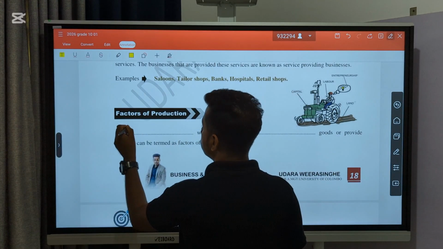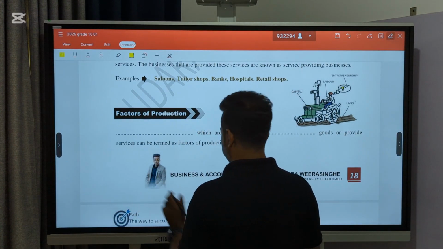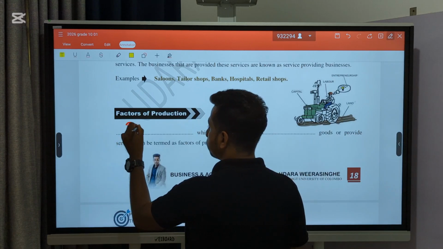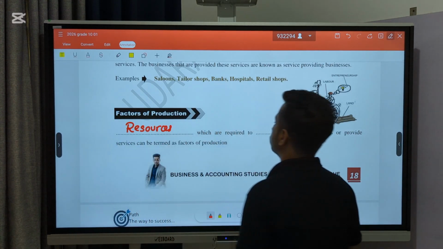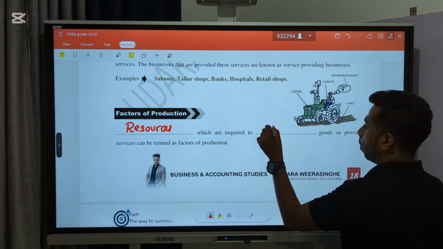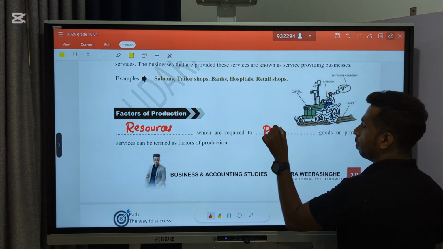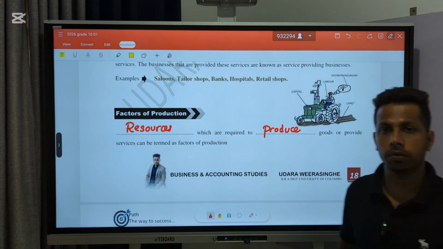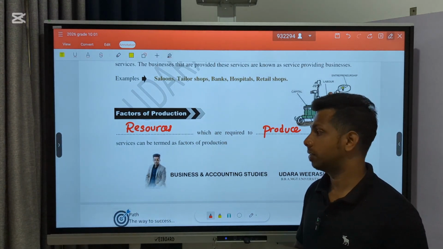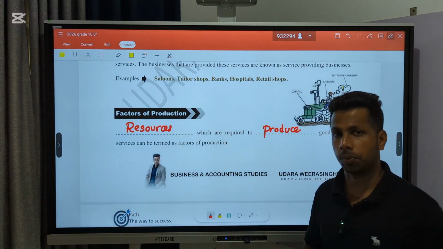Factors of production means resources which are required to produce goods or provide services.